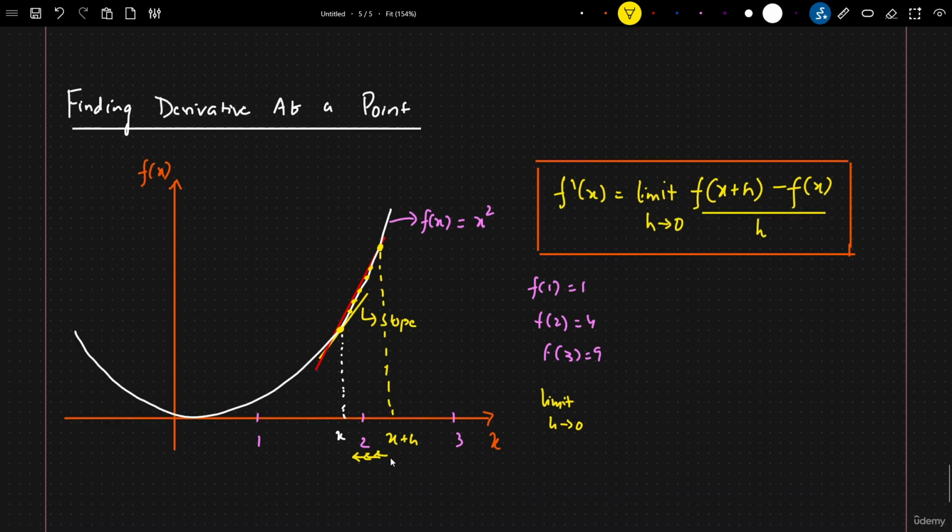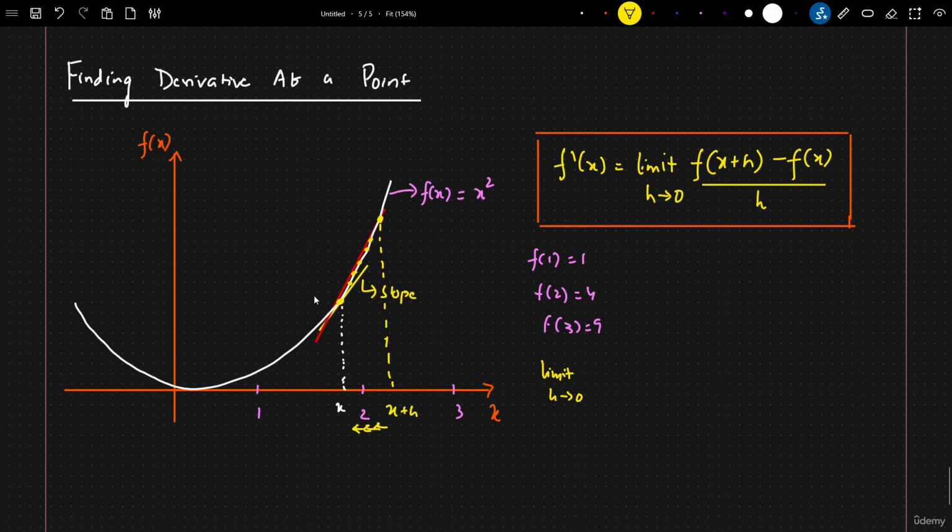Now for this x value, first of all, we'll find out what my y value is. If my x coordinate has an x value, y is going to give me x square. Similarly for x plus h, this is going to give me x plus h whole square. This is my f of x, I'm just replacing x with x plus h, so it is becoming x plus h square.